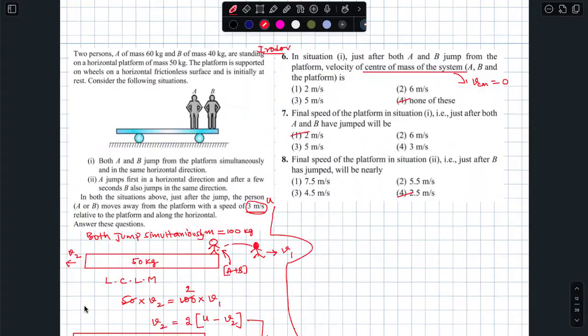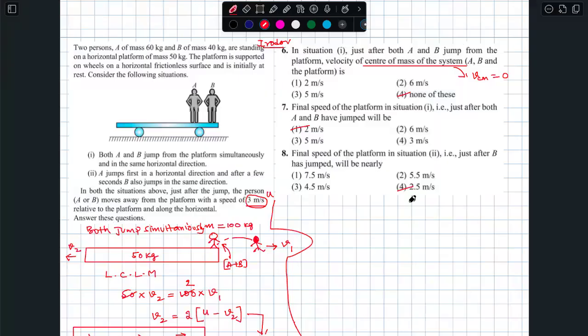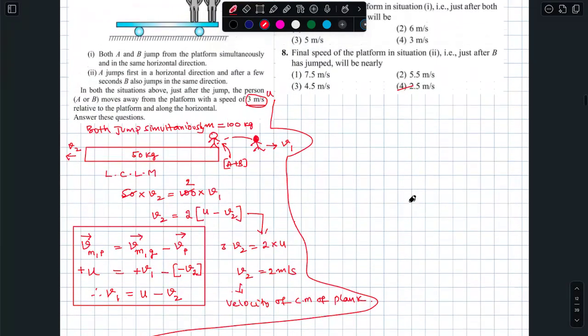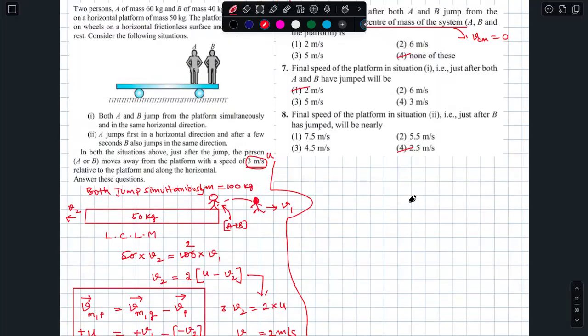The final speed of the platform in situation 1. In the first part of the question, you can see that both together are jumping. I think I have done the question also. Now you see, the velocity of the center of mass of the plank. Seventh question also I have done.